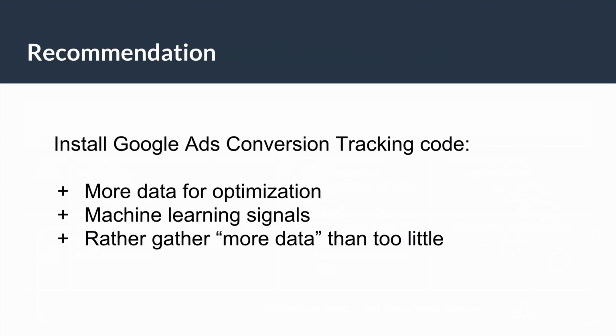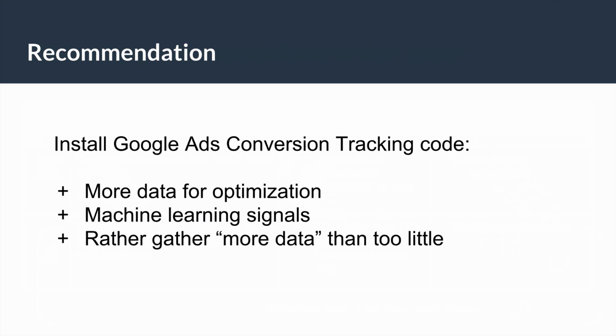If you want to let Google Ads decide which ads or which goals should be optimized for, then you might want to load the system with more and more signals in order for it to do its job correctly and a better job in the end.